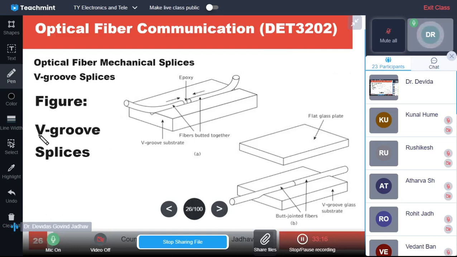So this is the figure of the V-groove splice. One figure shows the process of splicing, and the second figure shows the packaging, how it is achieved. So there is a V-groove substrate, and there are fibers butted together.